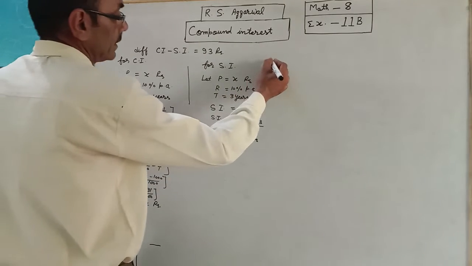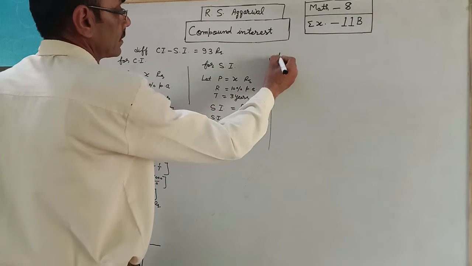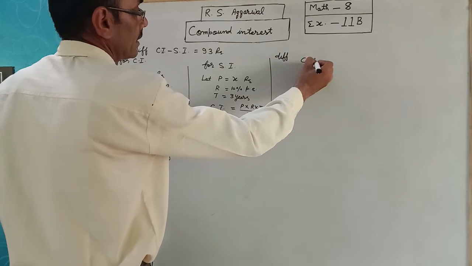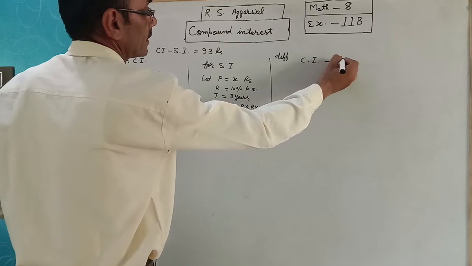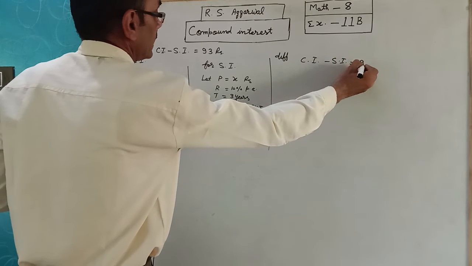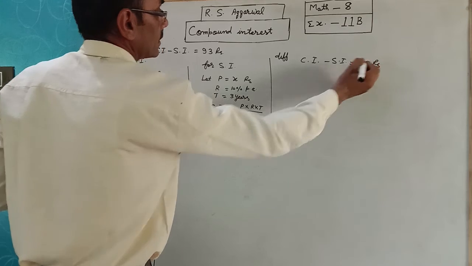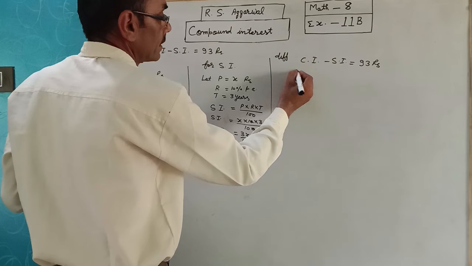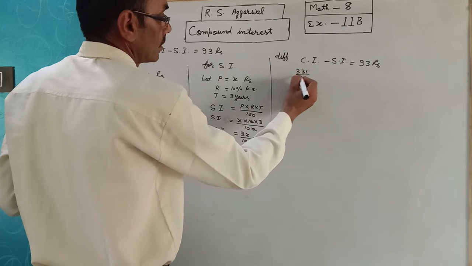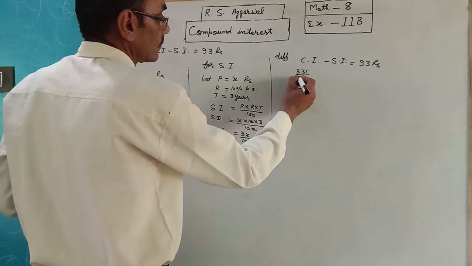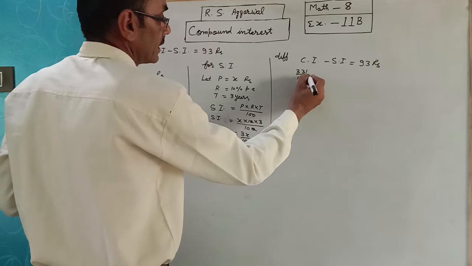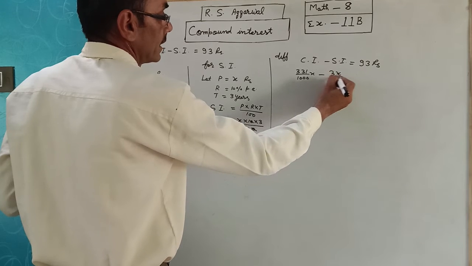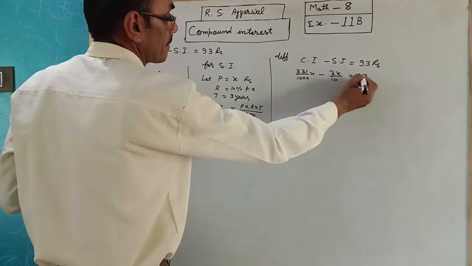Difference is given. CI minus SI is equal to 93 rupees. 331 upon 1000 x minus 3x upon 10 is equal to 93.